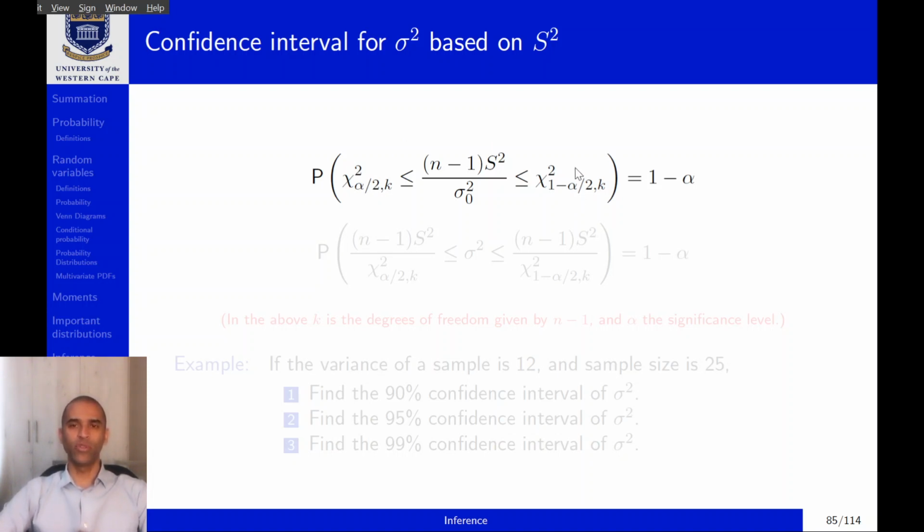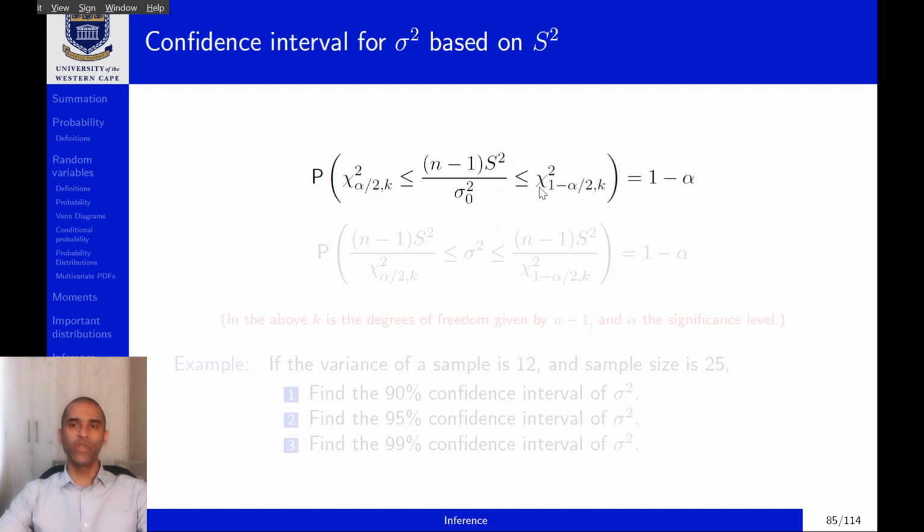In the case of the t-distribution, we only look up one value because we know that the t-distribution is symmetric. So the value in the left side will be the same as the value in the right side. You just put a minus sign on the left side because, of course, the mean of the t-distribution is 0. In the case of chi-squared, we know that all chi-squared values are positive because it's derived from a squared random variable.